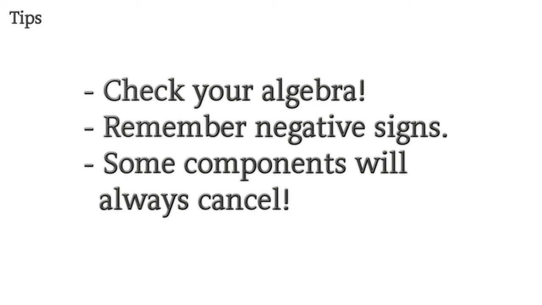And again, some components always cancel, such as the ones that we've dealt with just now, the c term or the cx terms. So if you expected something to cancel while it didn't, it's highly likely that you made an algebraic mistake, and so you can go back and have a check.